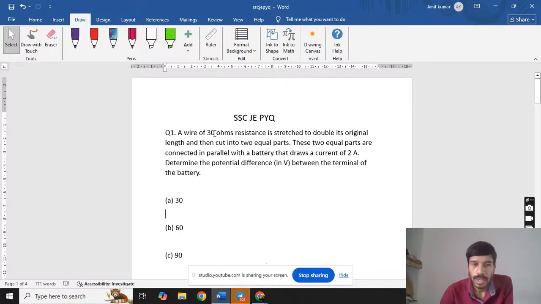It is given the resistance R1 is 30 ohm. It is stretched to double its original length, so we have to calculate the R2 value. We can calculate from here.